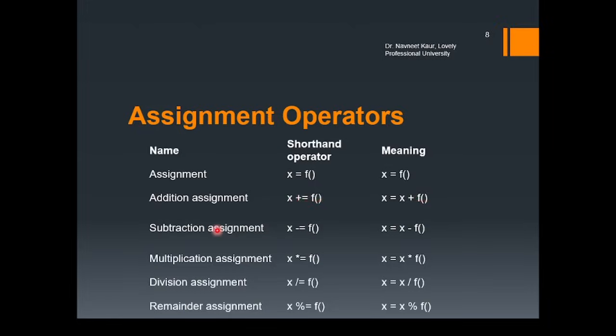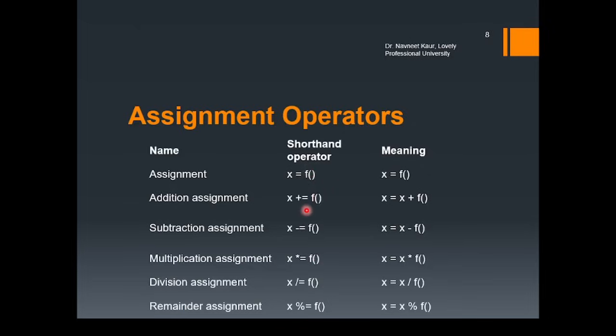In the same way, for subtraction, we can use x minus equals function instead of x equals x minus function. For multiplication as well, we have x multiply equals function. For division, we have x divide equals function, and then x modulus equals function. Instead of function, we can also use a simple variable since we are not using any function right now.